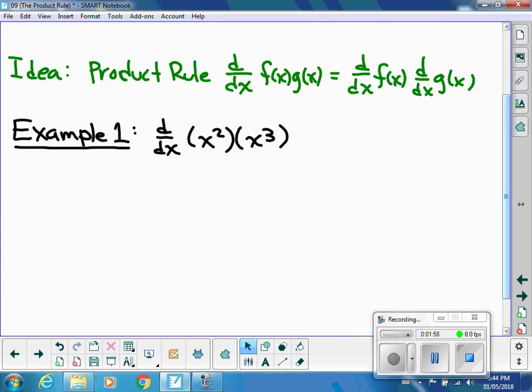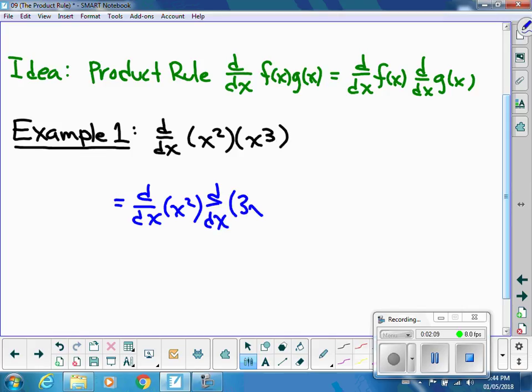If I go with my idea, that would mean I would do the derivative of x squared times the derivative of x cubed. From our rules yesterday, the derivative of x squared is 2x, and the derivative of x cubed is 3x squared. If I multiply those together, I get 6x cubed.